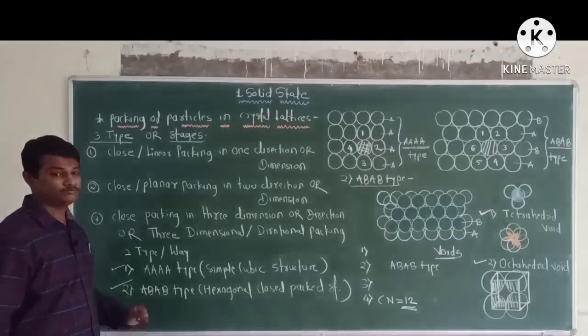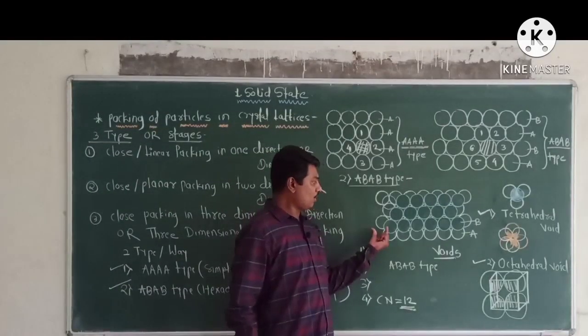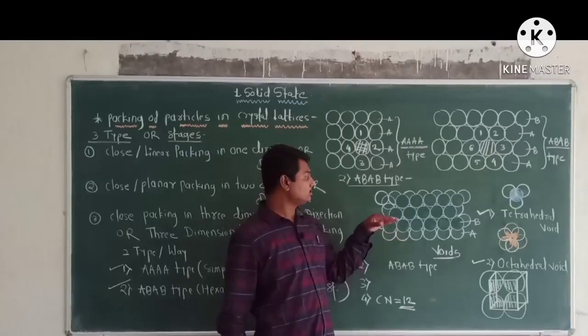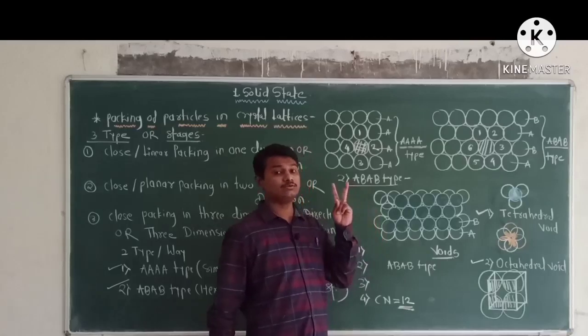Now in this diagram there are two layers of constituent particles. If you want to place a third layer of constituent particles over the second layer, there are two ways.